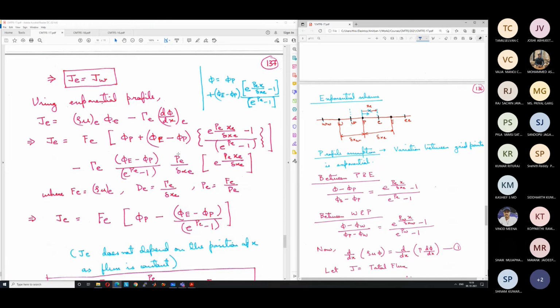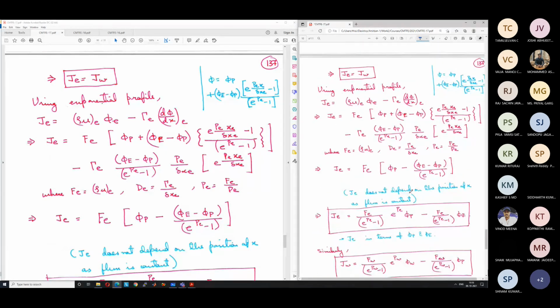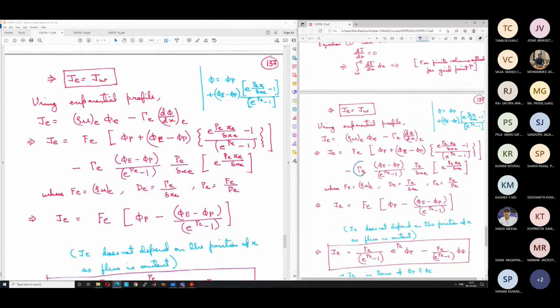P is F by D. So D into P is equal to F, because P is equal to F by D, so F by D into D gives F. So this term ultimately leads to Fe. Gamma e P by delta xc is equal to Fe, because gamma e by delta xc is equal to D, and D into the Peclet number is Fe. So this is also Fe.